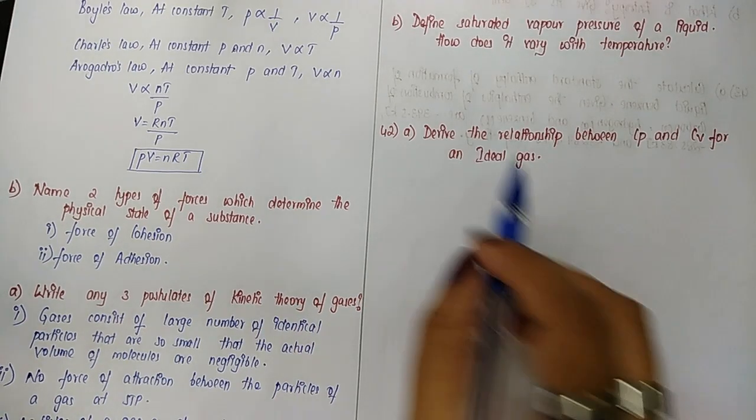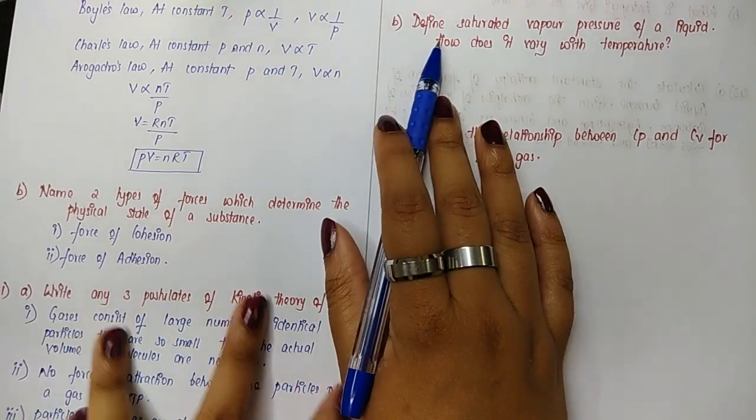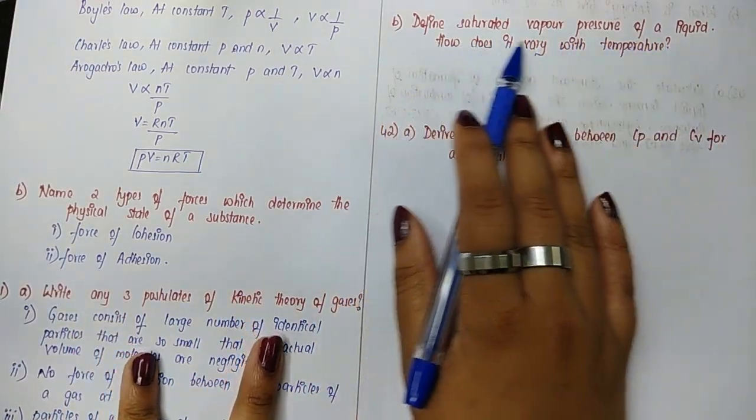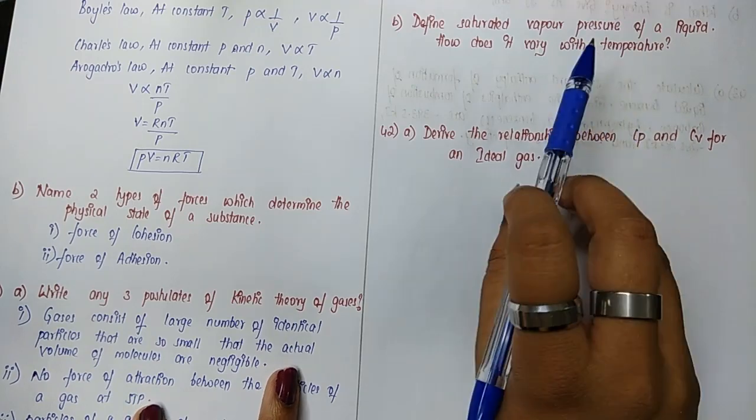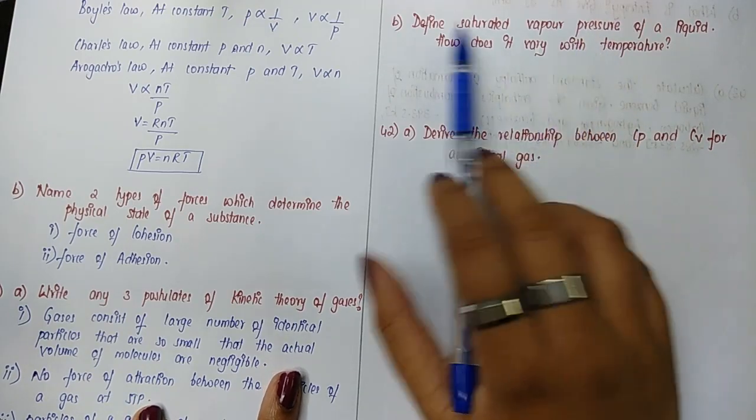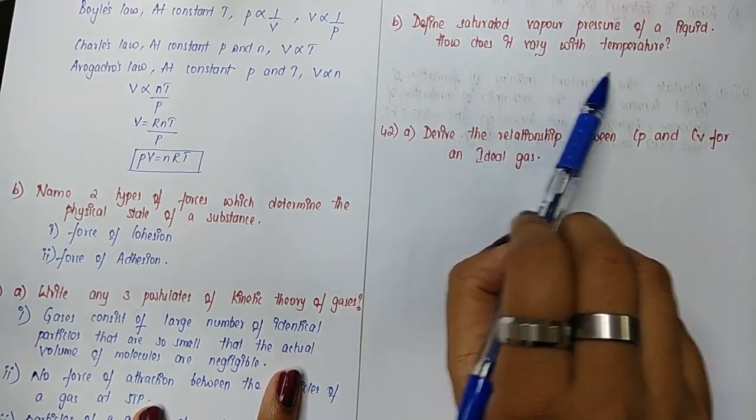Now the next question is the 41st question, B part. Define saturated vapor pressure of a liquid and how does it vary with temperature. It's a 2-mark question, so 1 mark for definition and 1 mark for the variation.